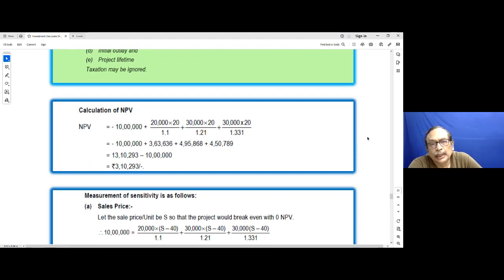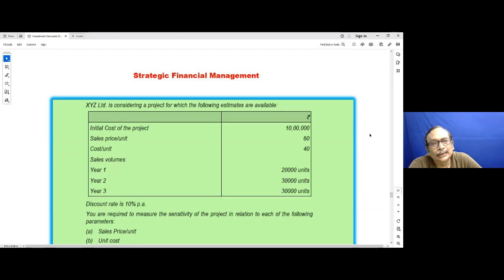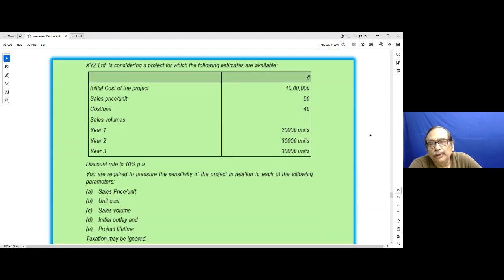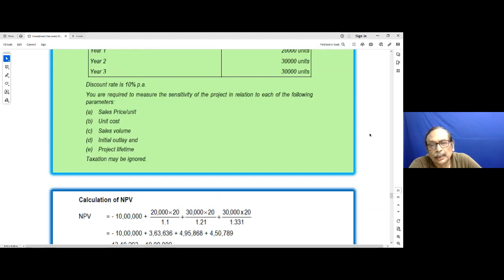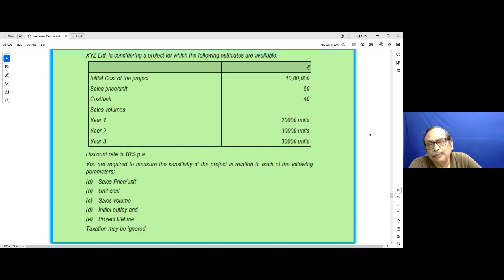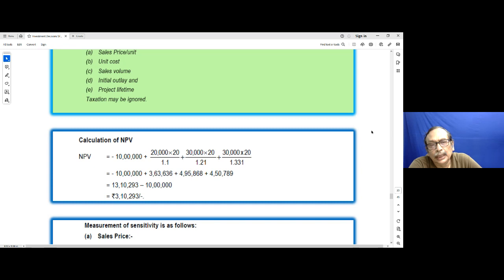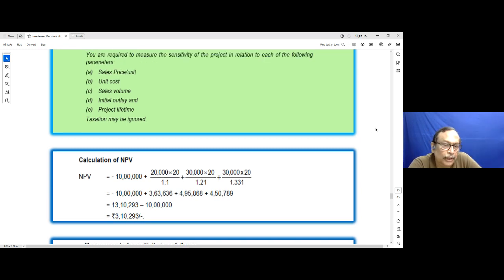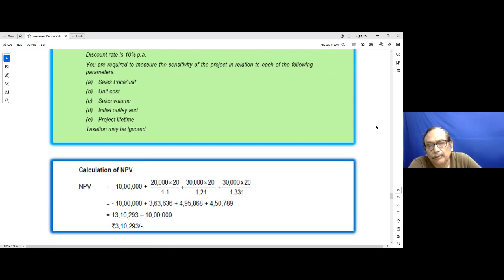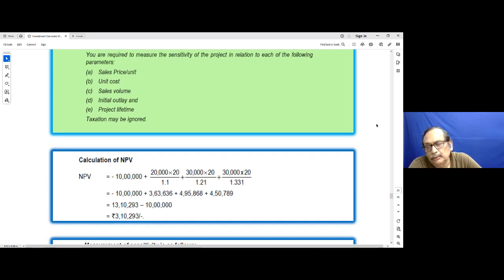Now, NPV we are going to calculate as usual: 20,000 units multiplied by sales price minus variable cost, that is the contribution. That is 20,000 into 20 divided by 1.1, plus 30,000 into 20 by 1.21, plus 30,000 into 20 by 1.331.